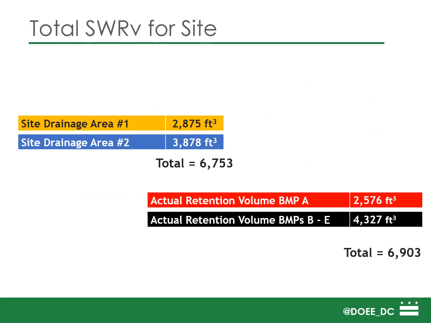Looking at both site drainage areas together, this overall site, we can see that for site drainage area 1 and site drainage area 2 together, we needed 6,753 cubic feet. That was the SWRv for the site overall. And we achieved a retention of 6,903. So the stormwater obligation is met for this site.